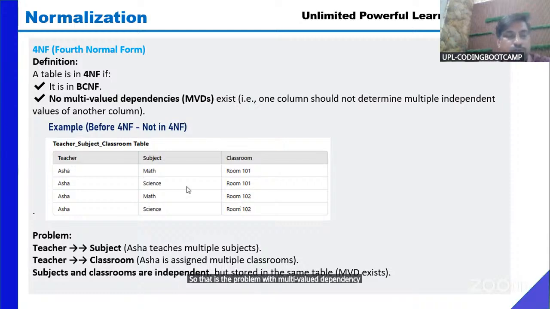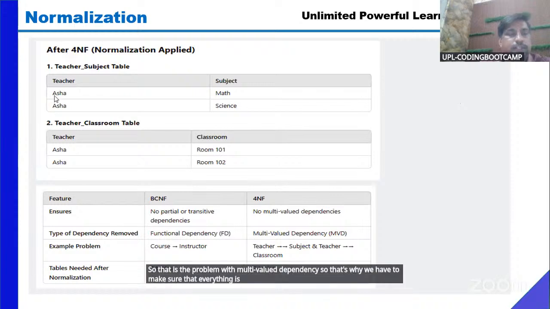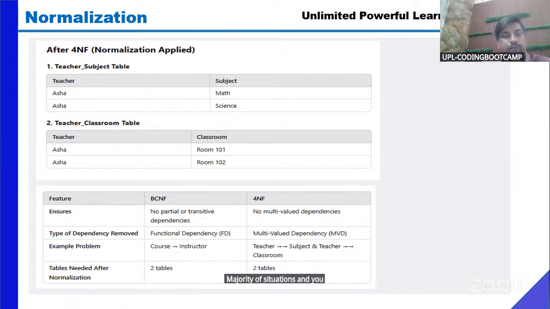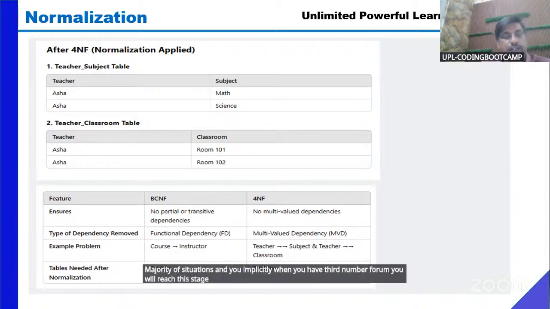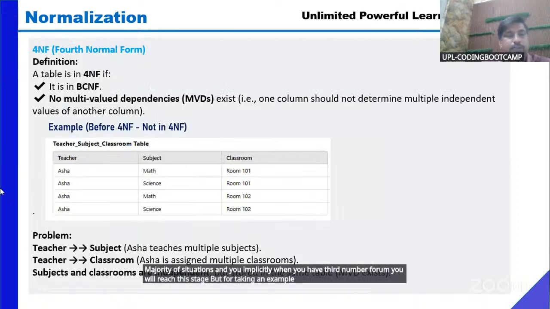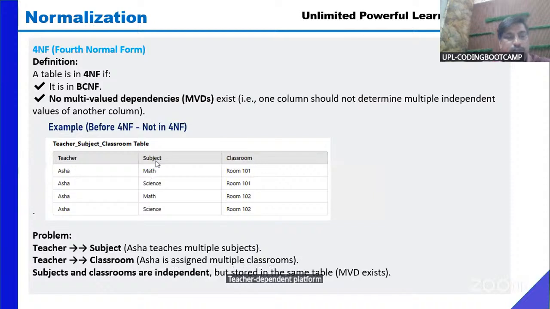So we have to make sure that everything is primary. You create a teacher_subject table and a teacher_classroom table. If you do that, then we can say it is in fourth normal form. In the majority of situations, when you are in third normal form, you will implicitly reach this stage. But we have taken this as an example. Assume we have 5 subjects, Asha has to be written 5 times.